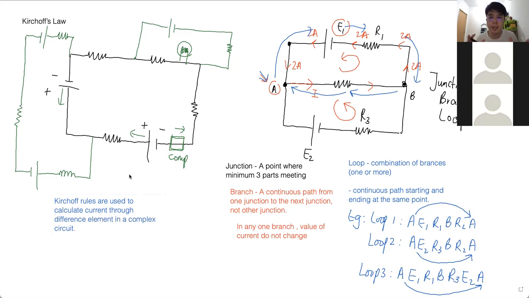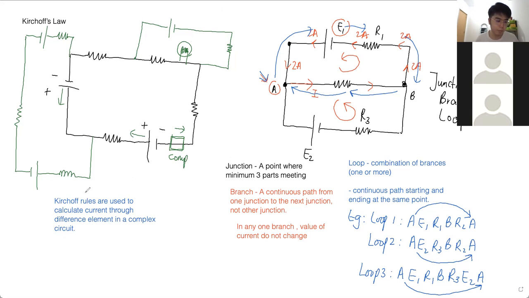What are the elements in a circuit? It can be a resistor, an inductor, a cell, whatever electrical component is an element. Okay, so Kirchhoff's rule is used to calculate the current passing through any component I want, provided that the circuit is very complex. Okay, I can use it to calculate.